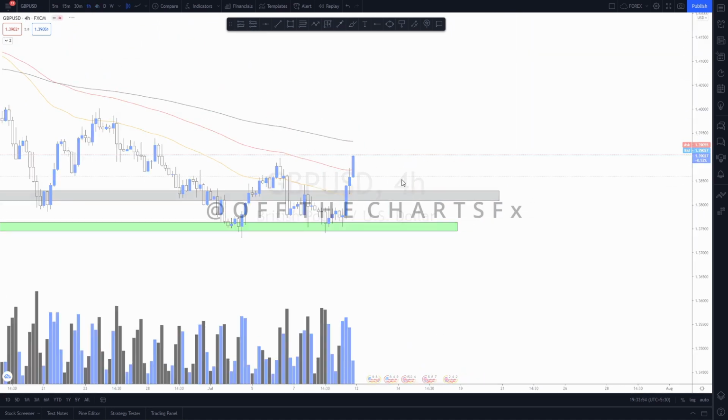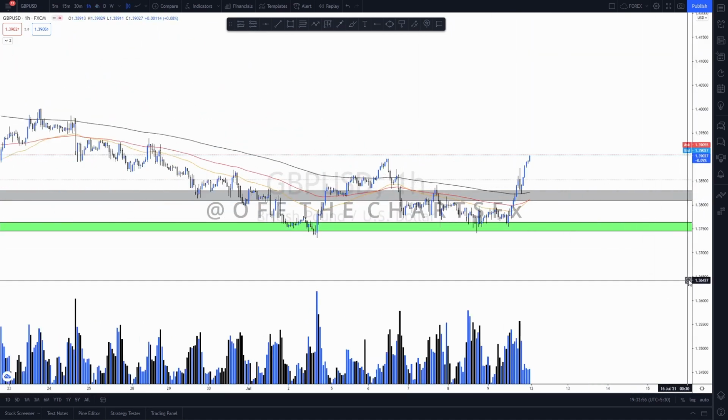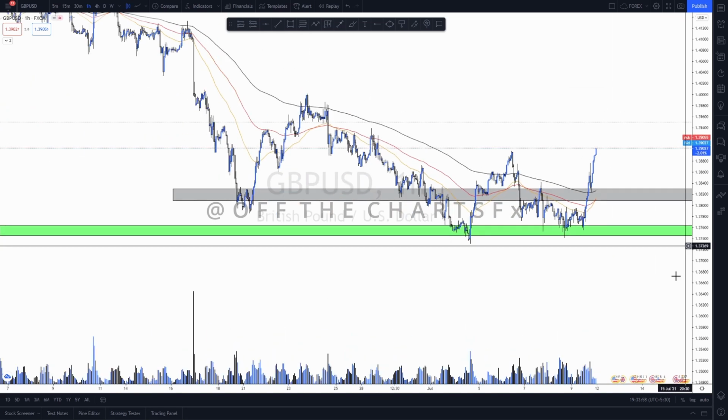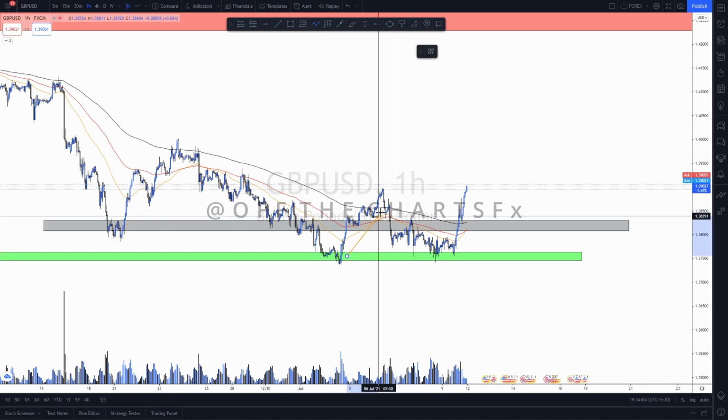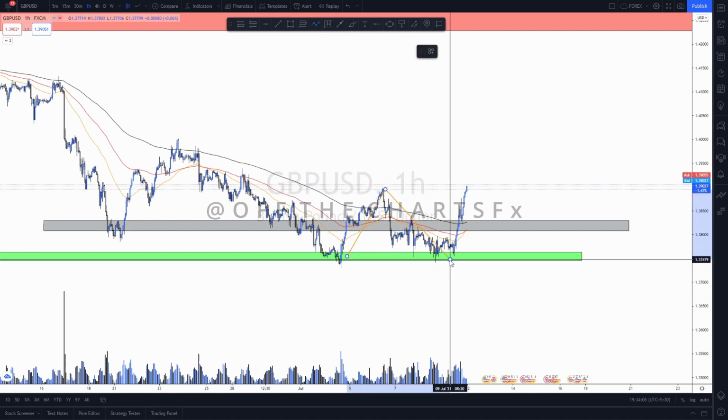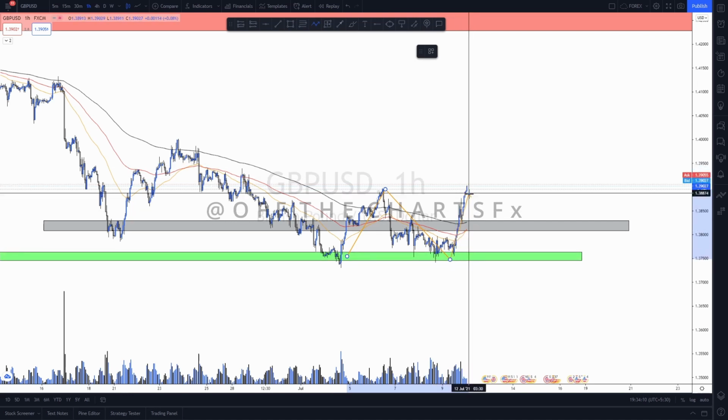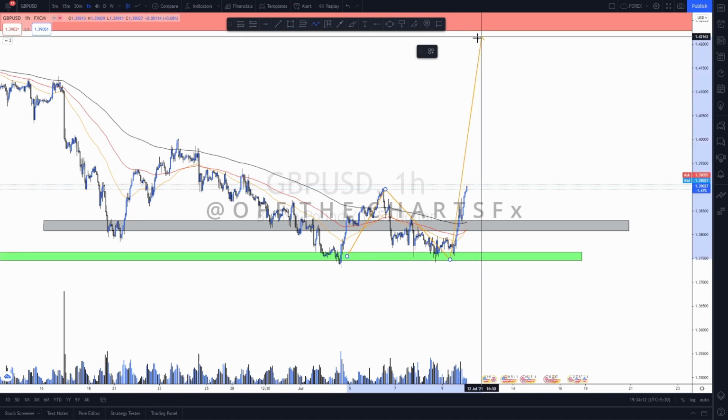Okay, so let's see all the time frames. I can see the market is clearly in a bullish form. As you can see, double top, double bottom, then price starting to go above this level.